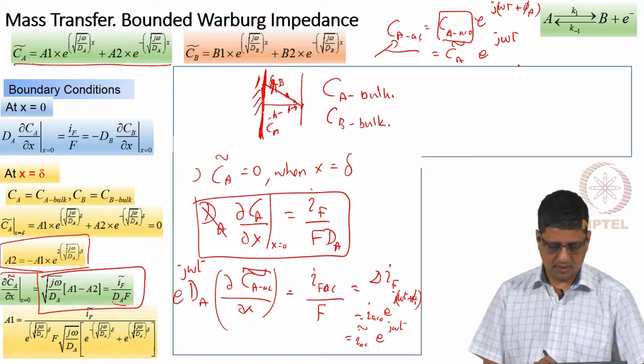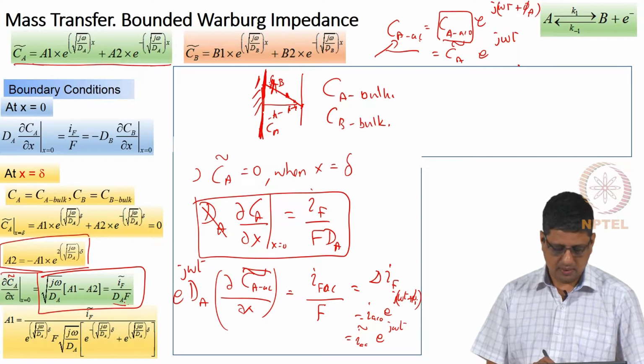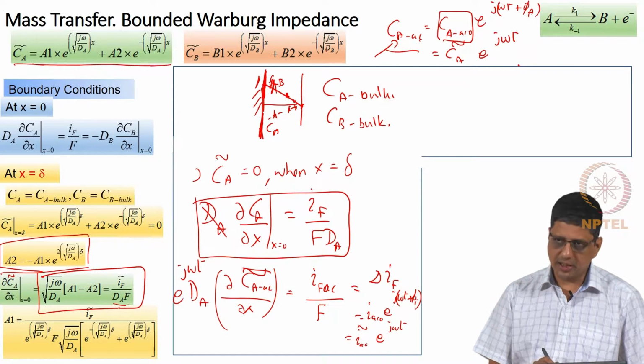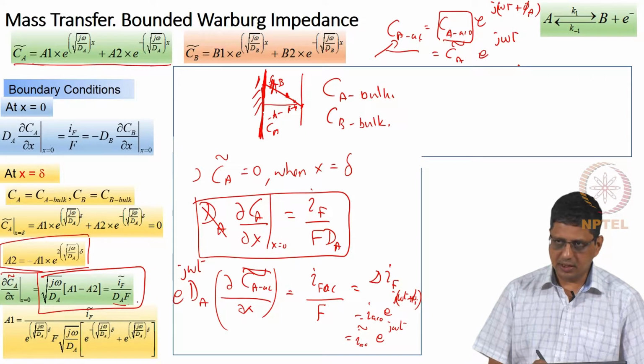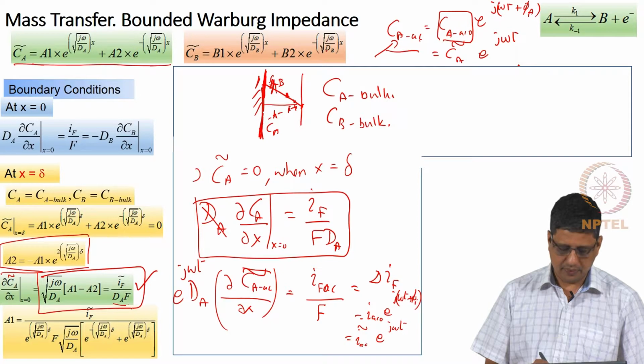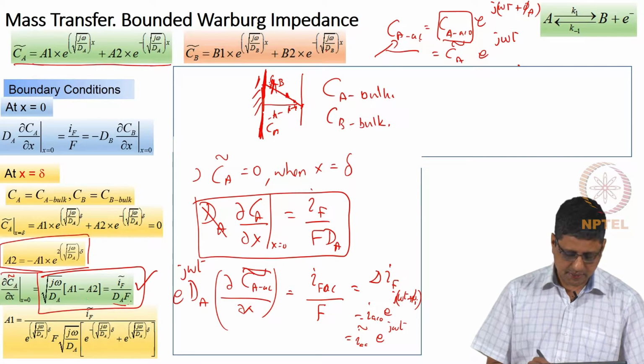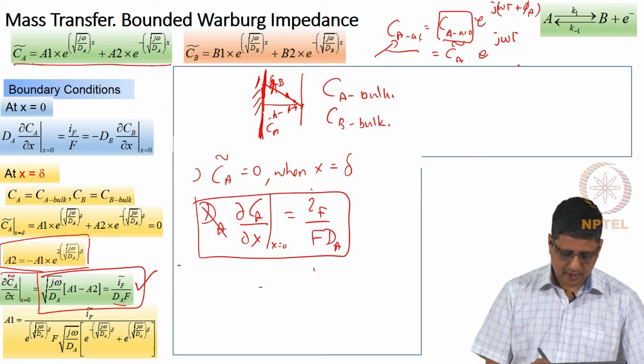From that equation, if we substitute A2 in terms of A1 and solve for A1, in that case, IF tilde by dA into F, divided by some root j omega dA into 1 plus something we will get. We are okay with this equation? Yeah, that okay.